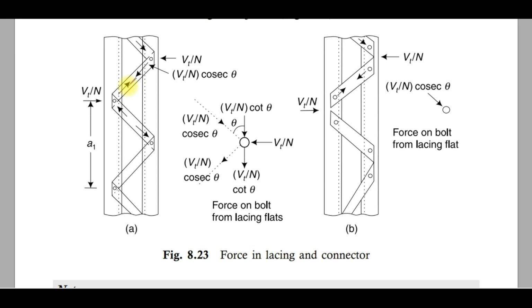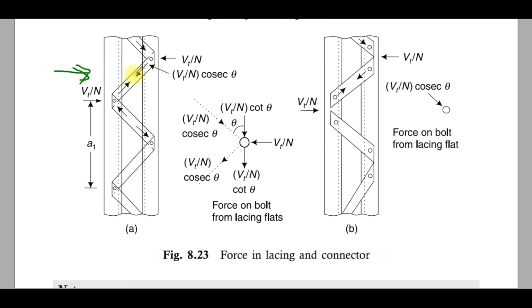So why should we design this lacing bar, or why should we check the tensile strength? As I was saying, suppose lateral forces are coming from the lateral side, then it may happen that this lacing bar will be subjected to tension. If you can visualize this, you will understand. So in case of lateral force, that is earthquake or wind force, this lacing bar may be subjected to tensile force.